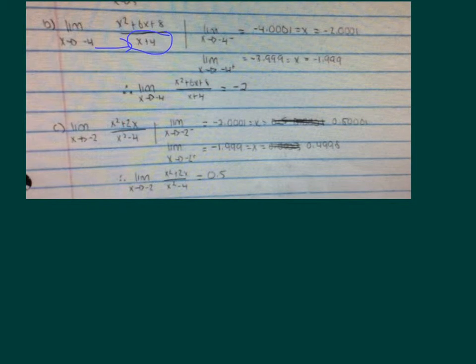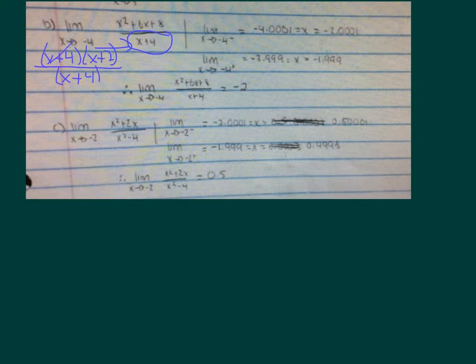So what happens with functions like that is sometimes that discontinuity is removable. What that means is that we can actually manipulate the equation we were given. I'm just going to write it over here because I don't have a lot of space. I've got x plus 4 and x plus 2 as factors of the trinomial on the numerator, and x plus 4 in the bottom.